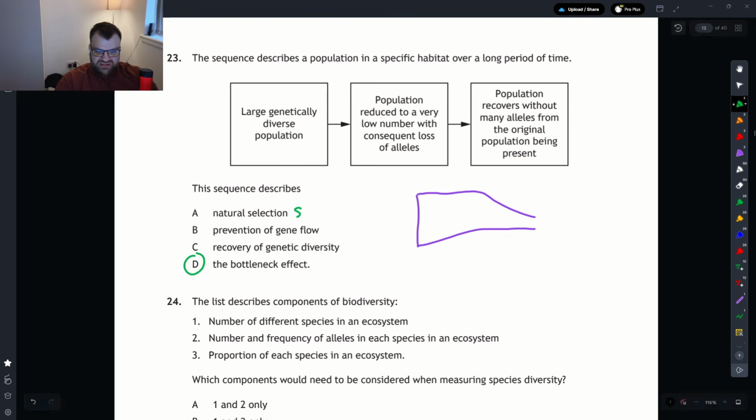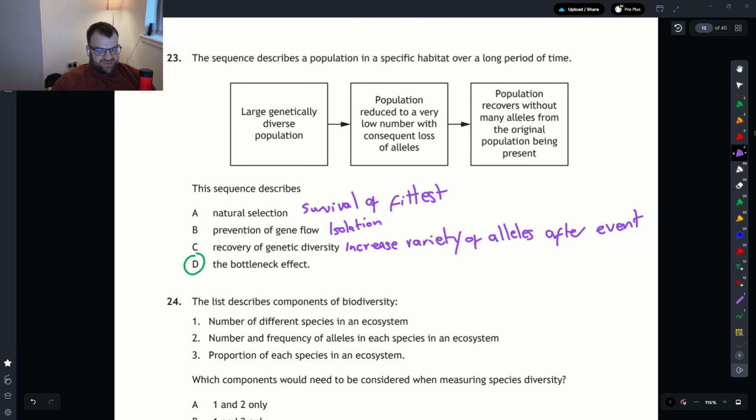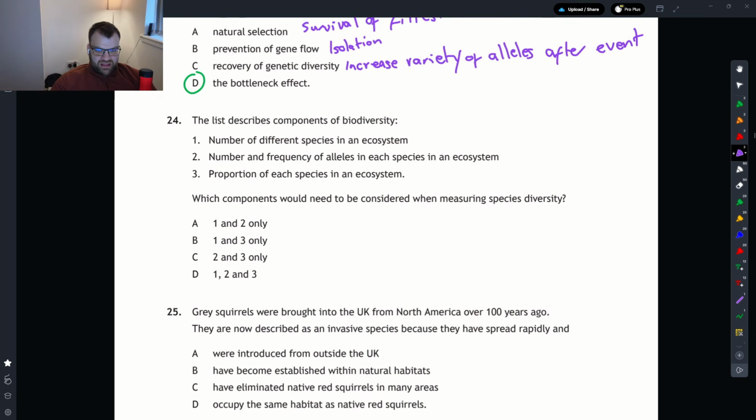Natural selection, survival of the fittest. In B, you're talking about isolation, a starting point for heading towards different species. For C, this would be an increase in the variety of alleles after some sort of catastrophic event, so they're recovering. Here, though, they've recovered without many of the original alleles being present. But bottleneck: large starting point, narrows in, you're losing diversity from that.